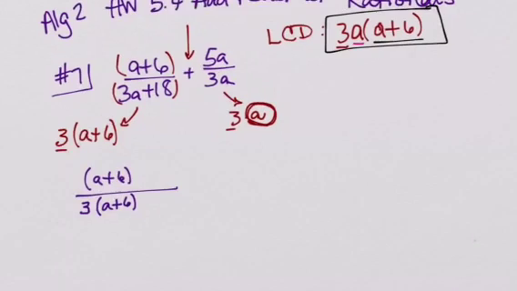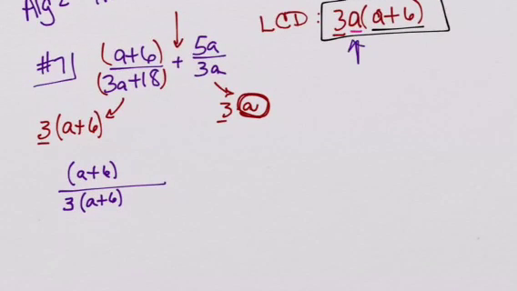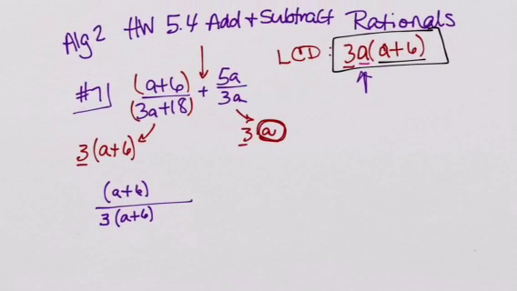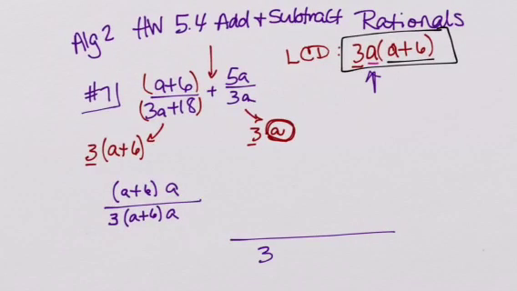He's missing this standalone single a right here, so I'm going to add an a top and bottom. Now he has a 3 and an a + 6 in the bottom, and the top becomes a squared + 6a. So I'm going to write that up here, a squared + 6a.